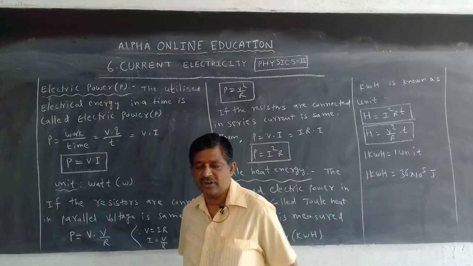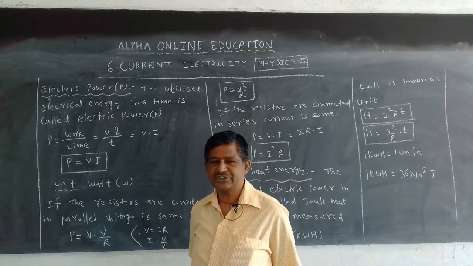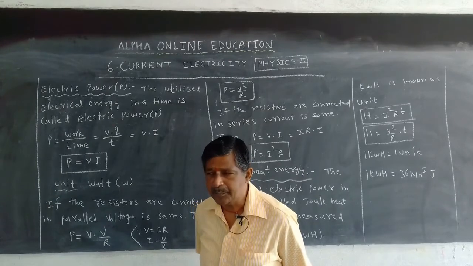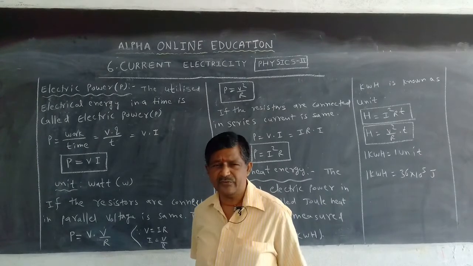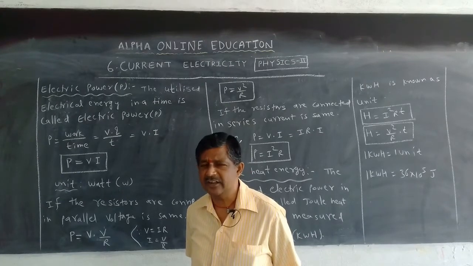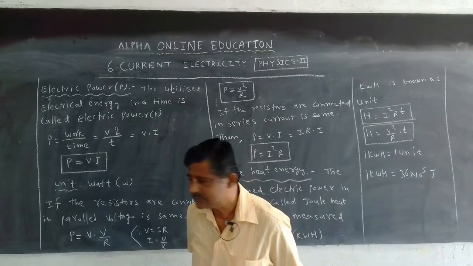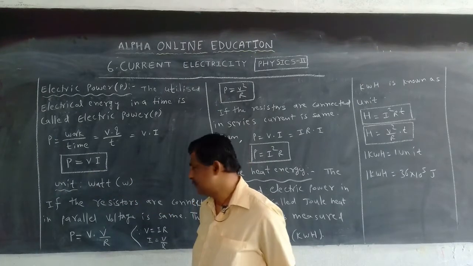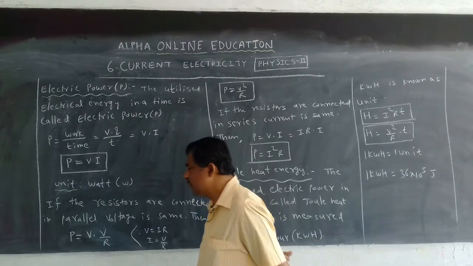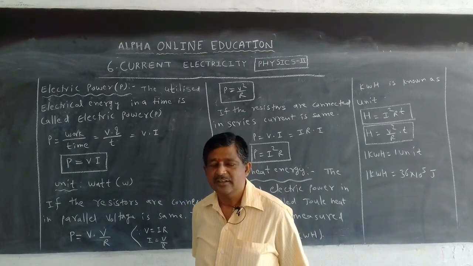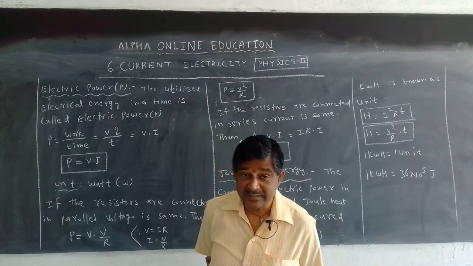The product of electric potential and electric current is called electric power. Now, what is the unit for electrical power? Power unit is always watt, W. Now, this power is expressed in another three mathematical forms.